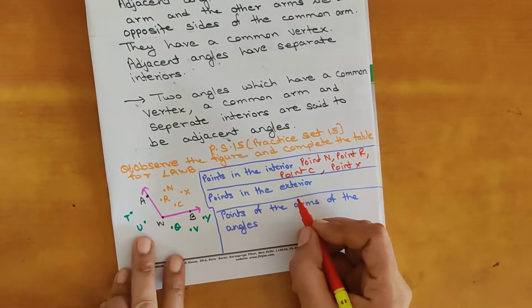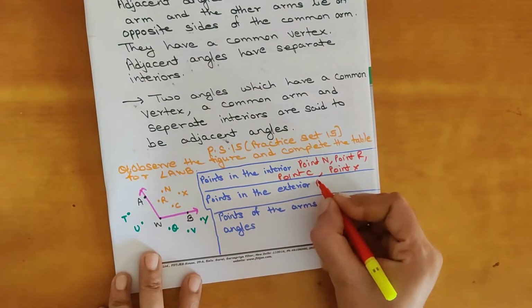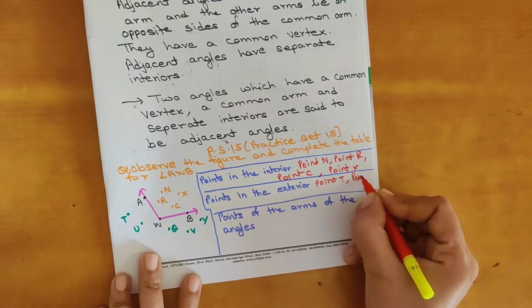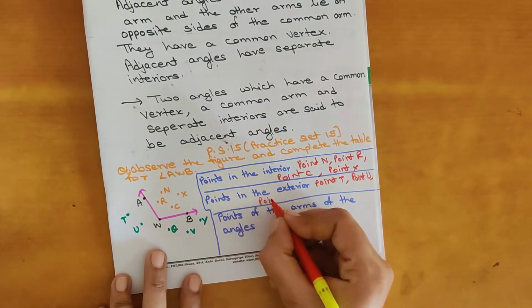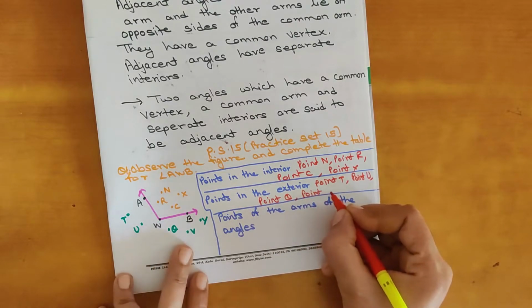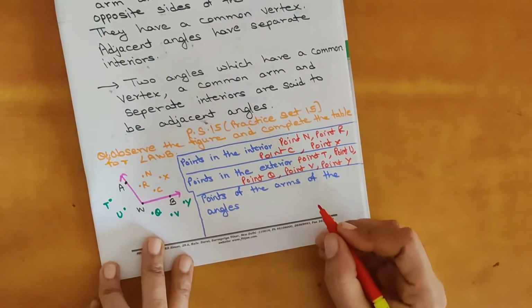Points in the exterior, can you see green color points? They are in the exterior. So what are the answers? Point P, point U, point Q, point V, point Y. Okay.